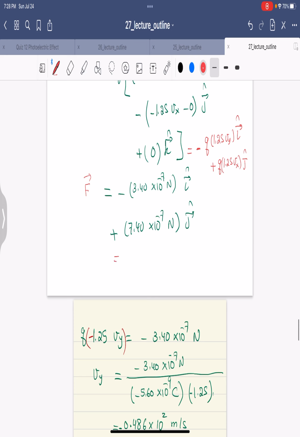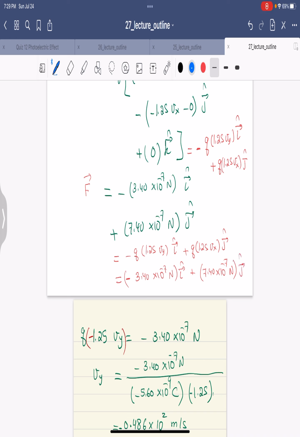Let me write them here: minus Q 1.25 Vy times I plus Q 1.25 Vx J, and this equals negative 3.4 times 10 to the negative 7 times I plus 7.40 times 10 to the negative 7 Newtons J.